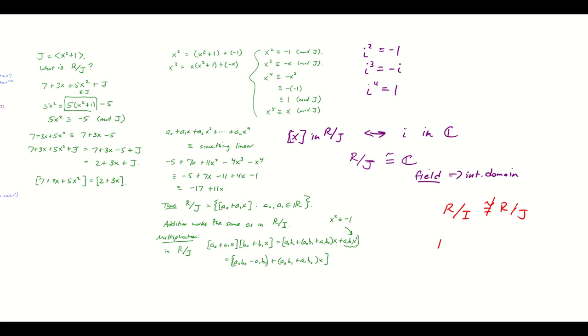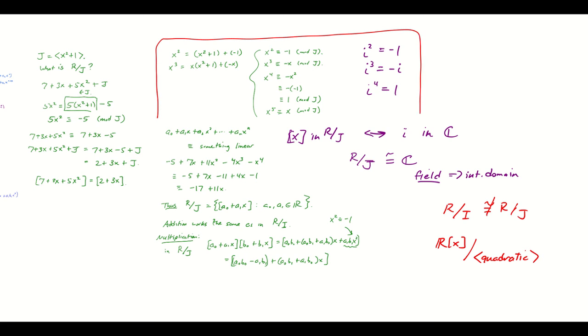So that means that we can take the same polynomial ring, R bracket X, mod out by a quadratic, and depending on certain properties of the quadratic we mod out by, we might get very different structures. But mostly the thing that I wanted to do here was acquaint you with the fact that there's a formal algebraic construction for the complex numbers. You may wonder why in the world we can consider a world in which there's a number that squares to negative 1.